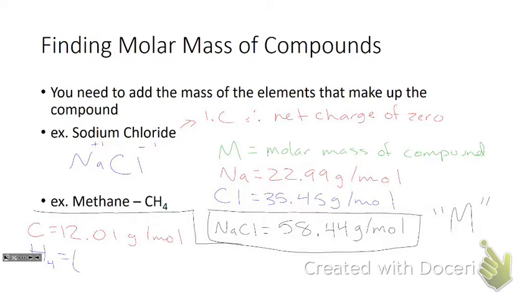So I'm going to use brackets here because I want to multiply the H by 4, not the carbon or anything else. Okay, so I'm going to do 1.01 grams per mole times 4. Right, because we have 4 hydrogens present and only 1 carbon present, so that's what we're going to do there.